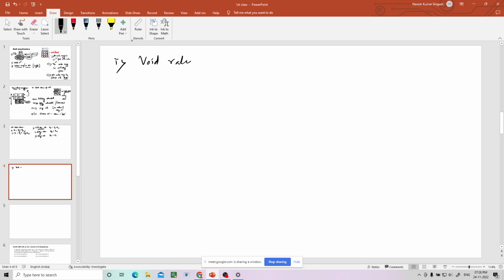Let us start with void ratio, which is denoted by e. It is defined as the ratio of volume of voids to the volume of solids. This is the formula.